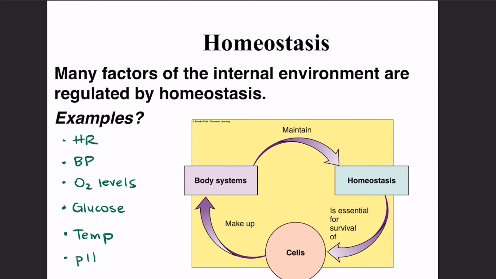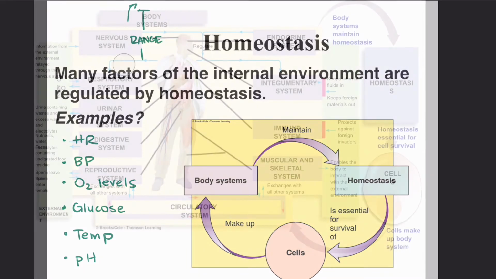There are a lot of factors that are maintained within homeostasis. And again, that does not mean it is constant, but it stays within a range. And if we go outside of that range, either too low or too high, that could possibly ring an alarm in our body and tell us that something might be wrong.